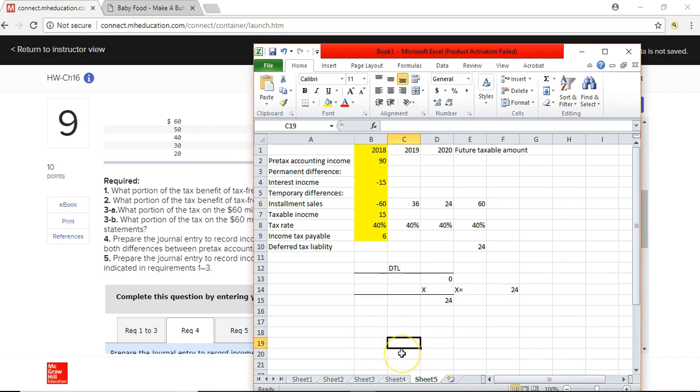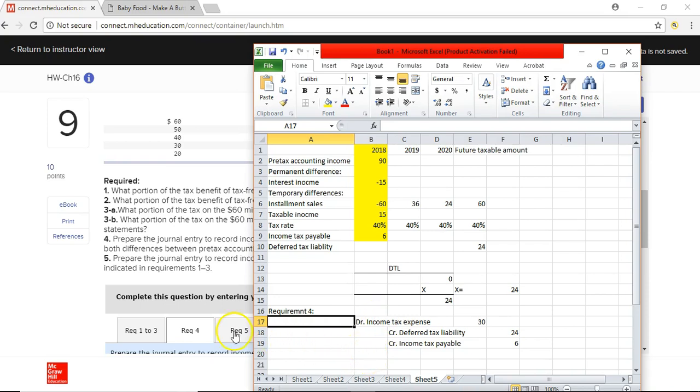Then we will credit income tax payable for $6 million and deferred tax liability for $24 million, and then debit income tax expense to balance the entry, 24 plus 6. That's requirement 4. The journal entry is like this.